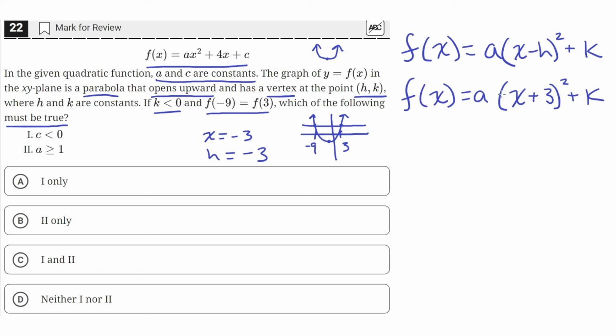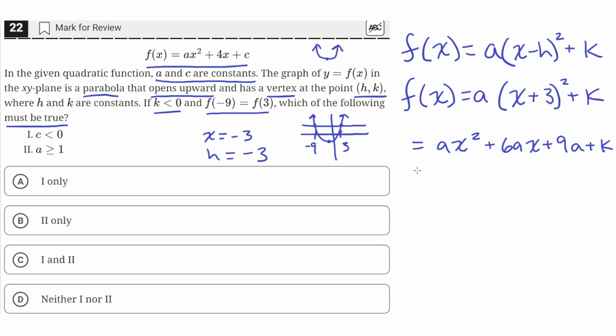Okay, so now let's expand out this square term. So this will become a times x squared plus 6ax plus 9a plus k.